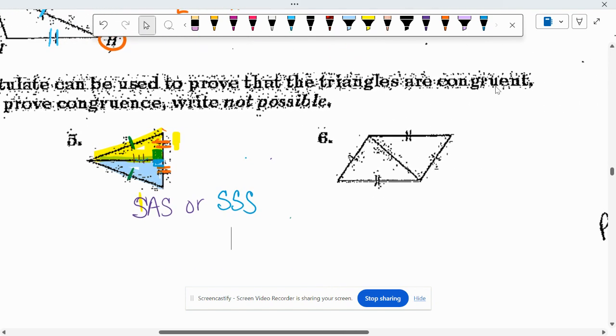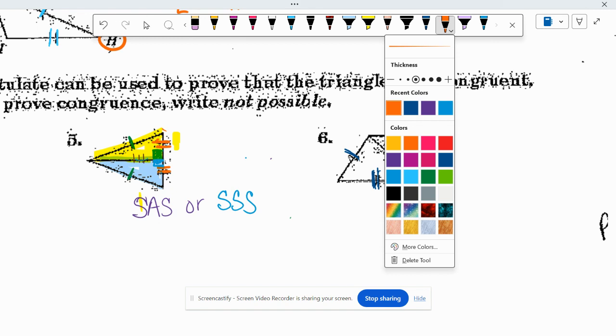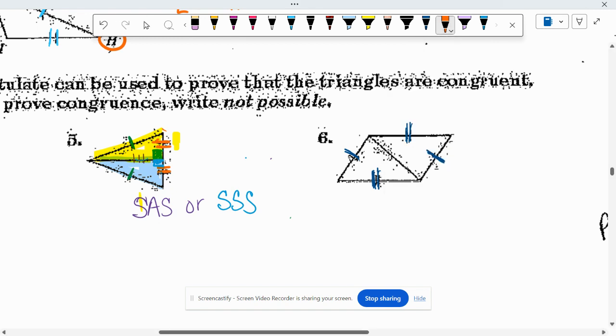Number 6. So let's see. You know that this side is congruent to this side, and this side is congruent to this side. Do we have enough information to say that those two triangles are congruent to each other? You need to mark the shared side, and now we do.